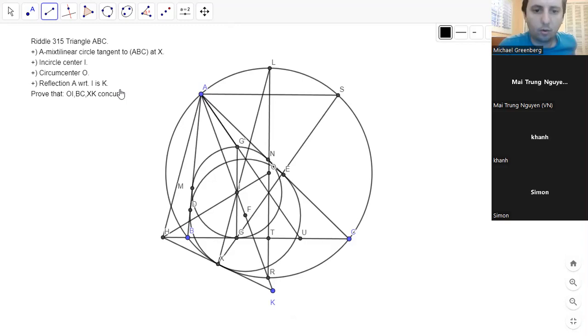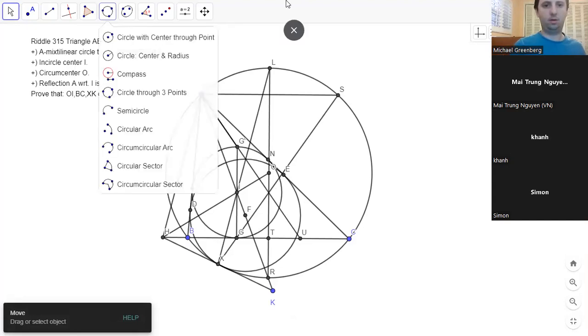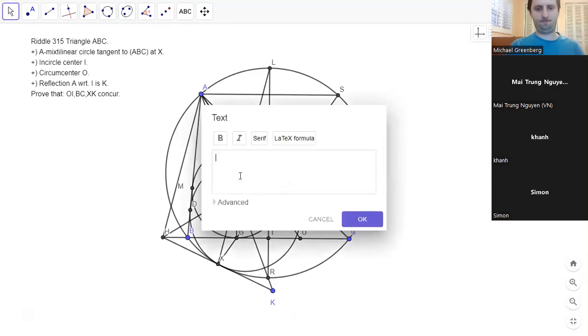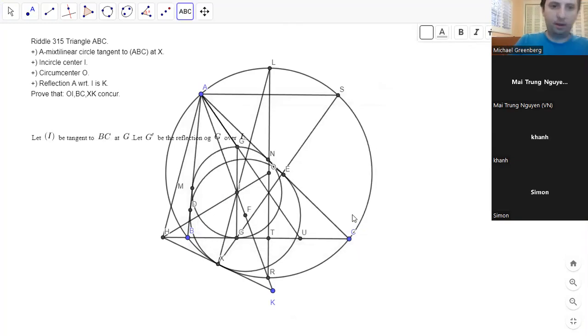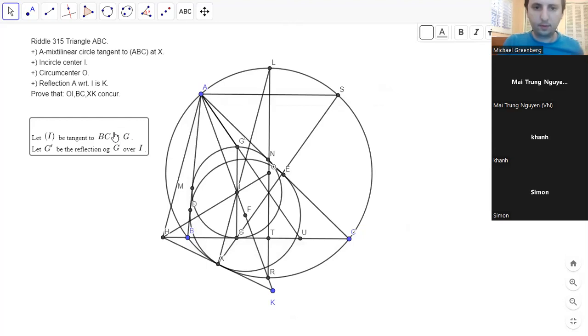All right, so let G prime be the reflection of G over I. Okay.